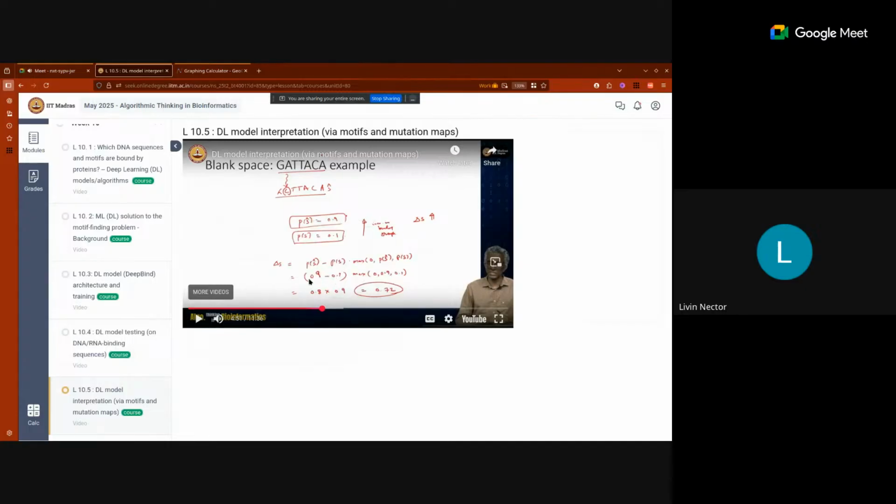But assume both of these are shifted, and this is 0.1 and this is 0.09. Then the whole max component will reduce, right?